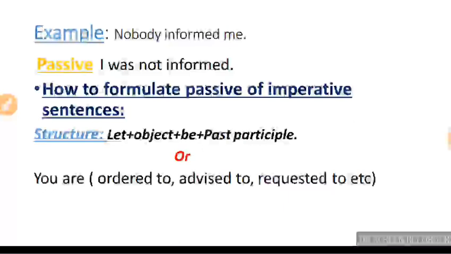Now, how to formulate passive of imperative sentences? To formulate it, we will have to follow the given structure. Let plus object plus be plus past participle form. Or, another way to formulate passive sentences, you are ordered to, you are advised to, you are requested to will be used according to the sense of the given sentence.